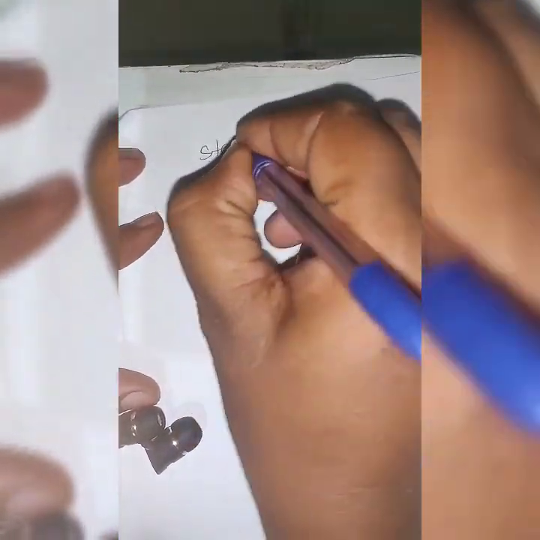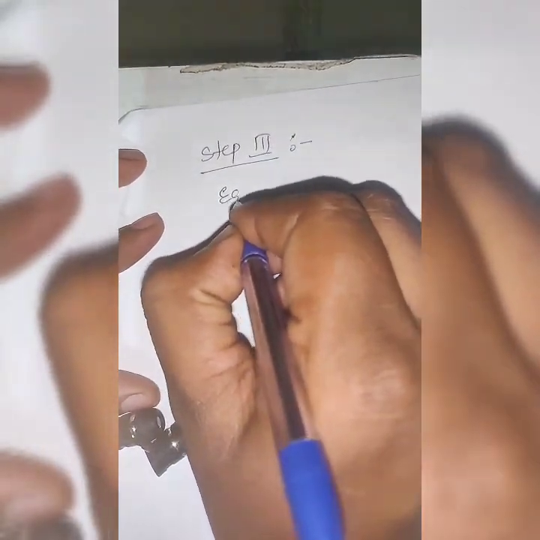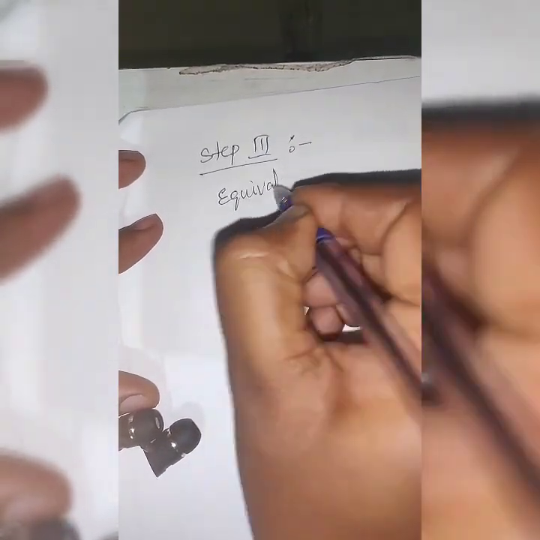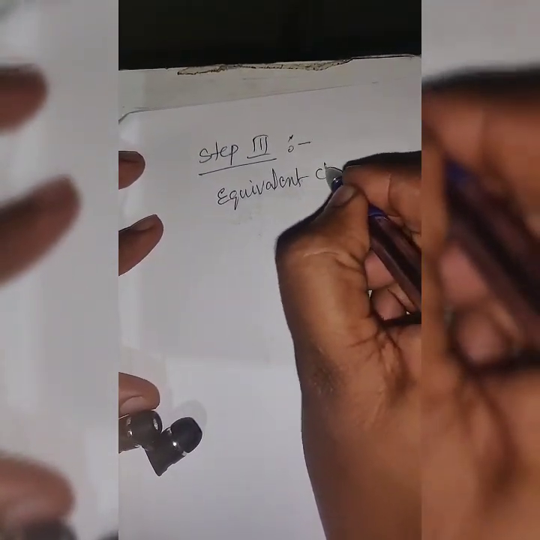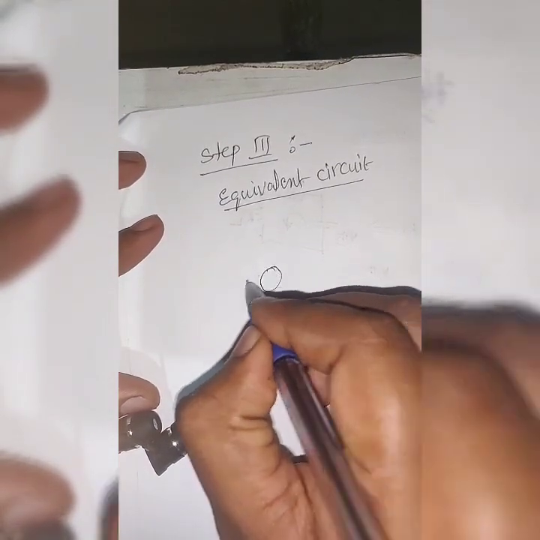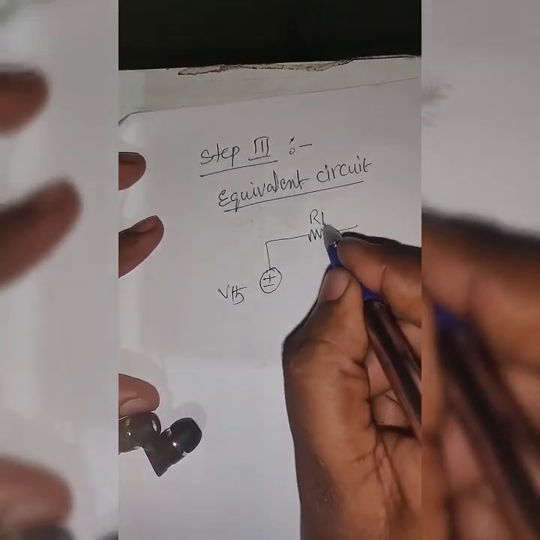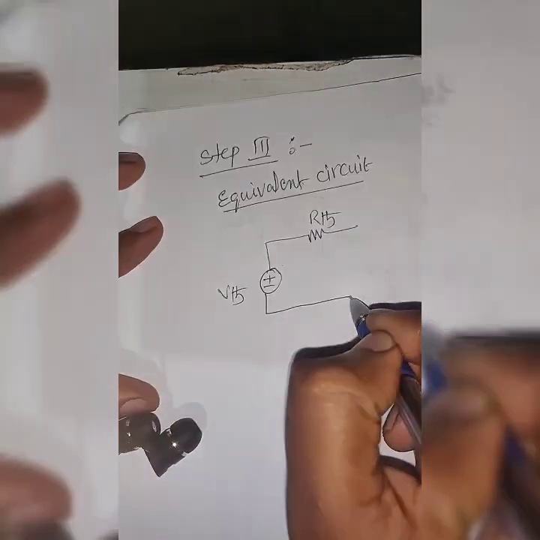Now step 3. In step 3 we have to draw the equivalent circuit. To draw it, first write the value of VTH, and RTH, whatever you got in steps 1 and 2, substitute here.